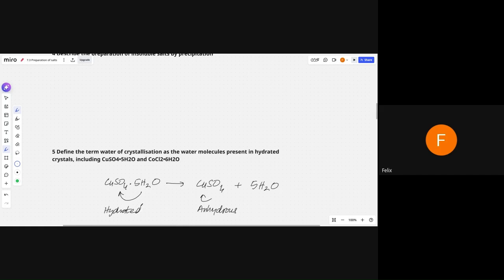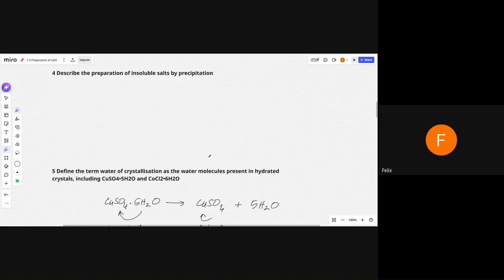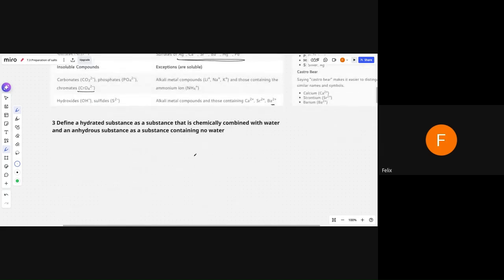That is the only difference between these two. This is a hydrated salt that contains water that is chemically combined, and this is the anhydrous form where water is not connected with it, so it is called anhydrous. I hope this is clear.